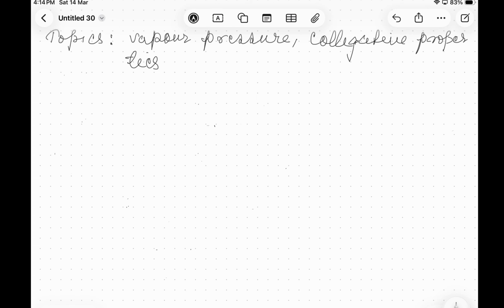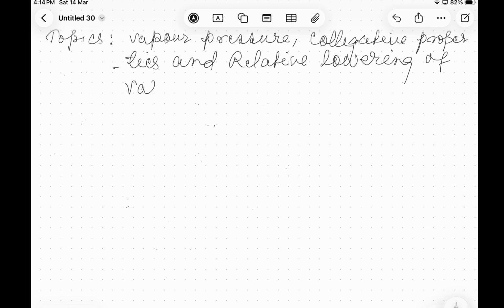Vapor pressure, colligative property and relative lowering of vapor pressure.